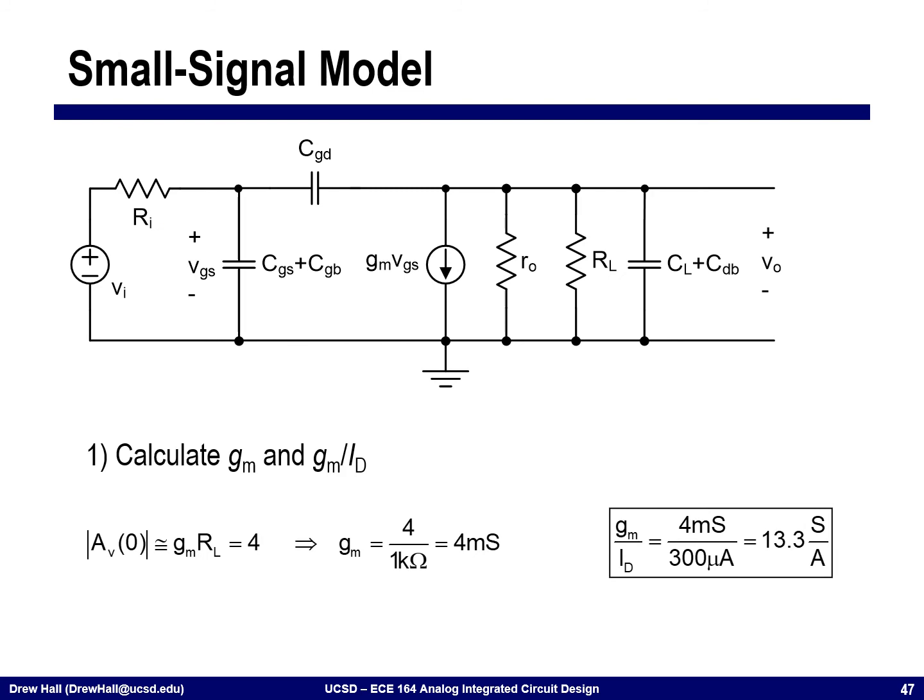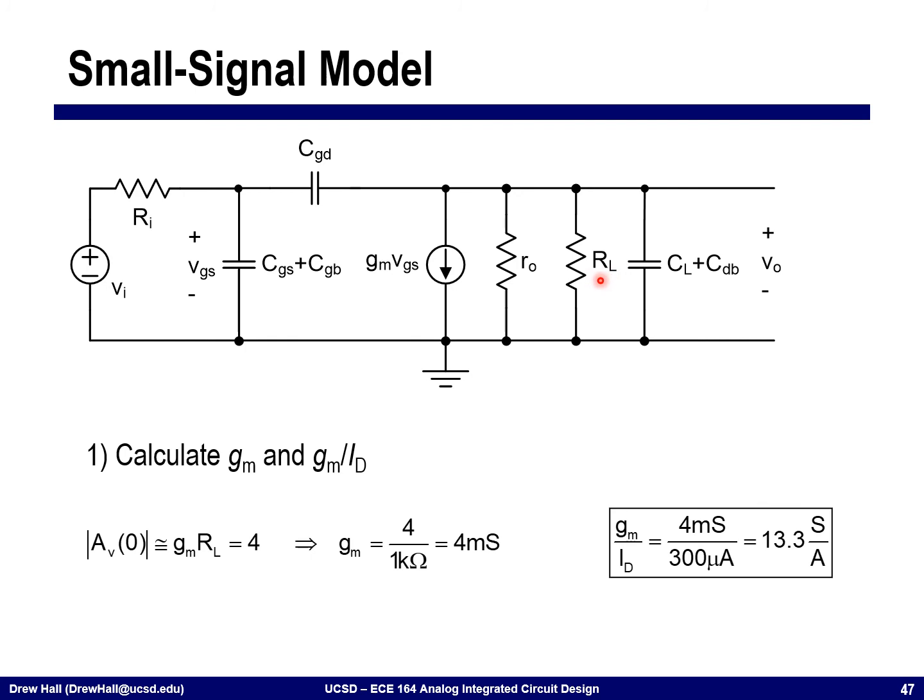All right, so here's the small signal model of the circuit. You'll notice that I've combined a couple of capacitors together in order to simplify our calculations. And the first thing that we're going to do is calculate the necessary GM and GM over ID. So we know that we're trying to get a magnitude of our gain of 4, which is equal to gm times (R naught parallel RL).